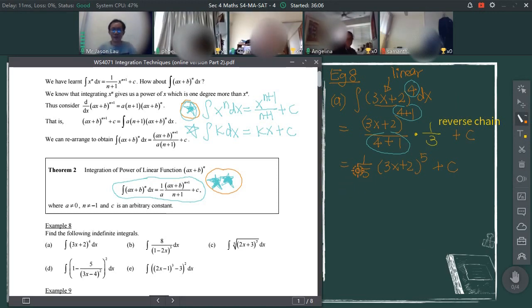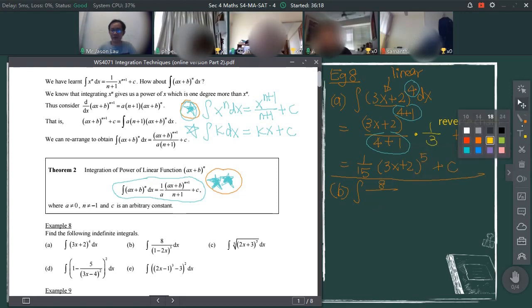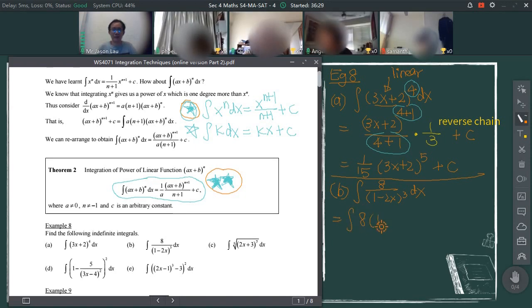Okay, let's look at B. 8 over (1 minus 2x) cubed. Here, just like our normal integration, you need to bring the term out. You cannot integrate anything at the bottom directly, so you have to bring it out.